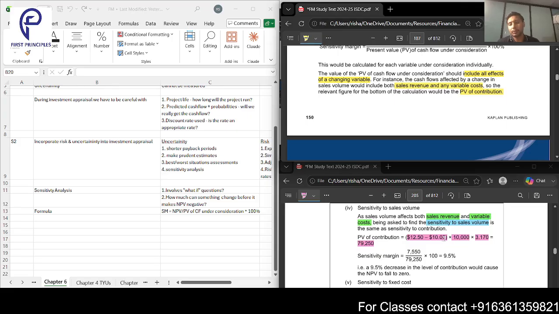So you have to net the two and then take the present value of the difference, because you have to include all the effects of a changing variable. That is very important.